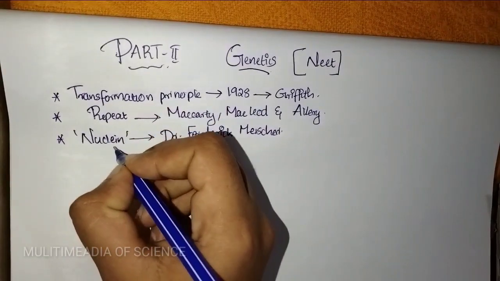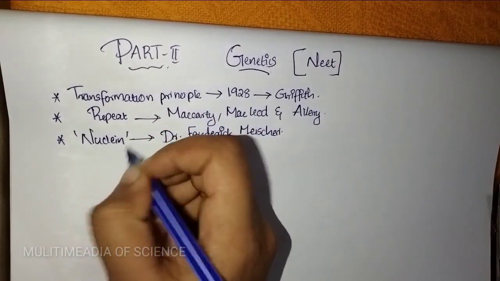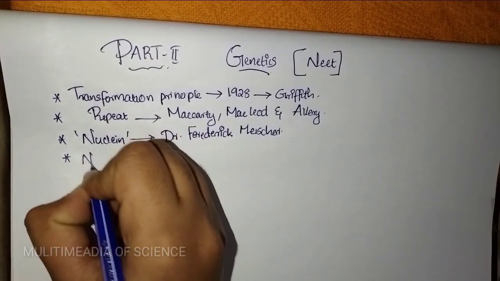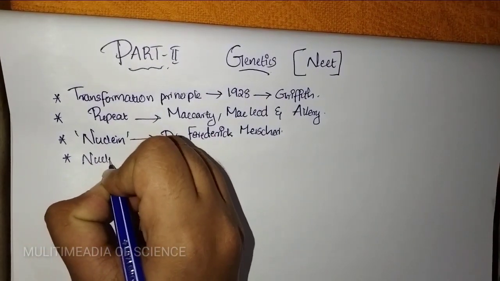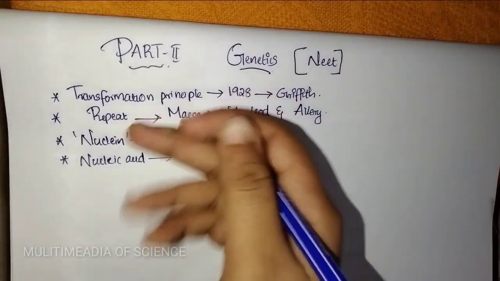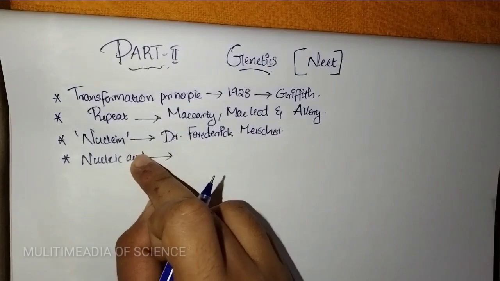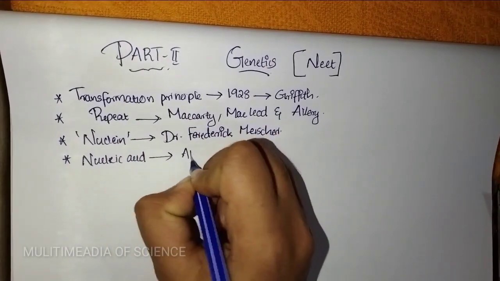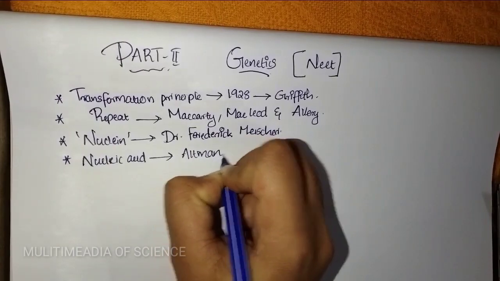This name was later given as nucleic acid, and it was done by Altman. It was originally nuclein, and the change was done by Altman.